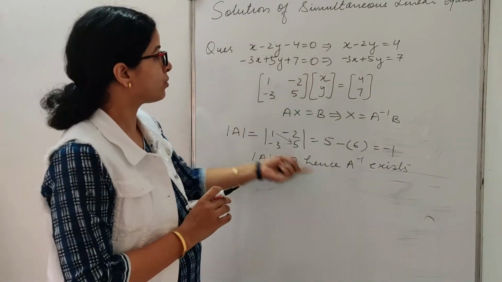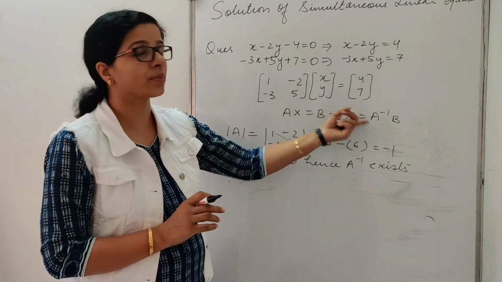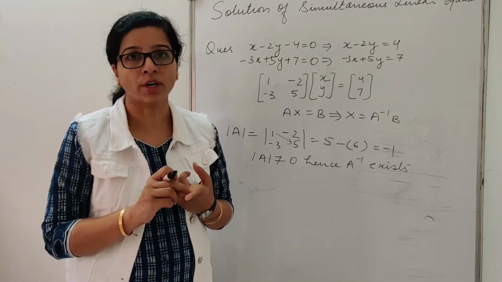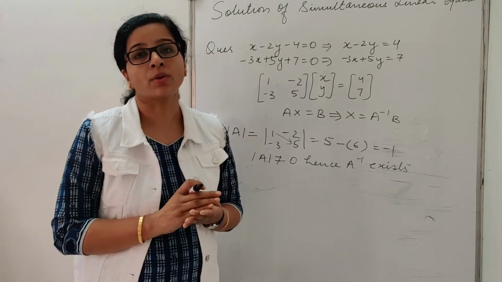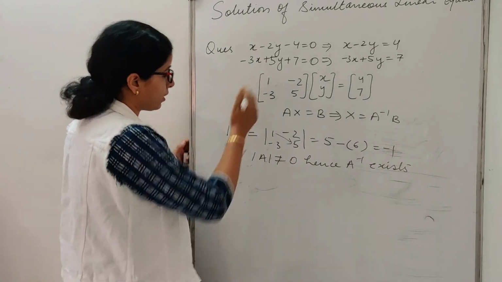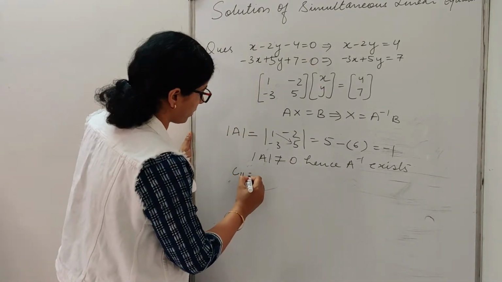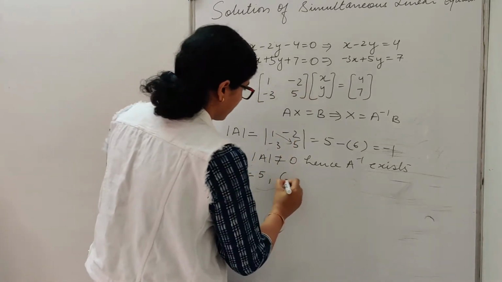So now I will find the cofactors. To find A inverse, you require adjoint of A. I already have determinant of A, and then A inverse is equal to adjoint of A upon determinant of A. Okay. So first of all, I will find the cofactors. C11: leave the corresponding row and column. What you are getting? 5.